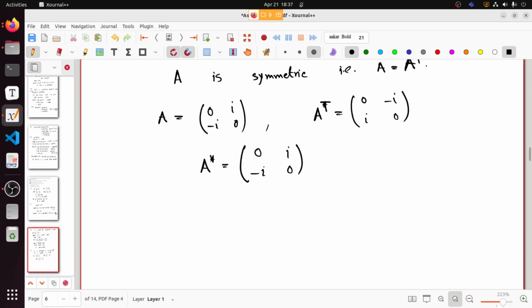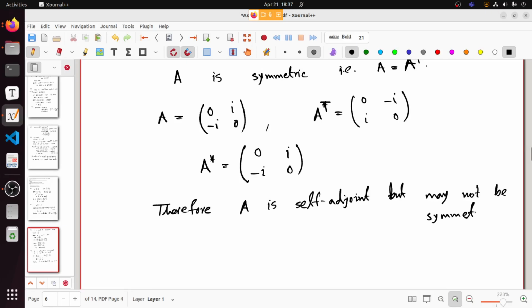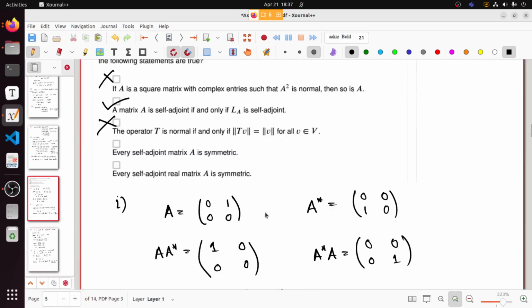So A is self-adjoint but may not be symmetric. So option number 4 is false.